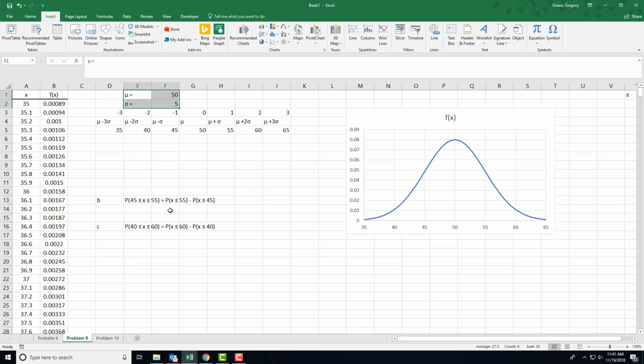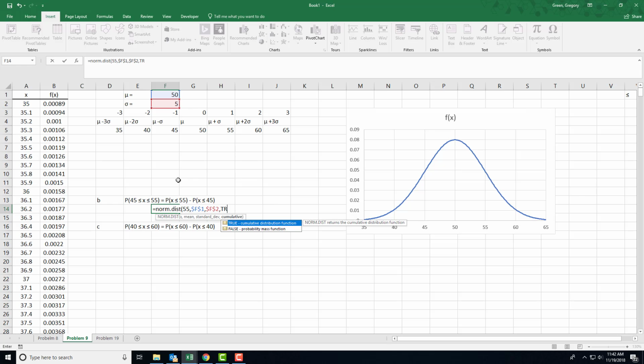Okay, so here we go. Here's how I do it. Norm dot dist. The value of x that I want is 55. The mean is 50. The standard deviation is 5.